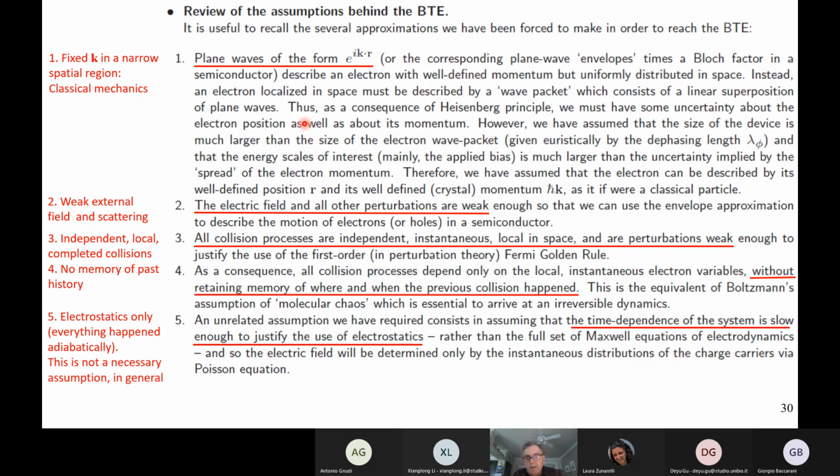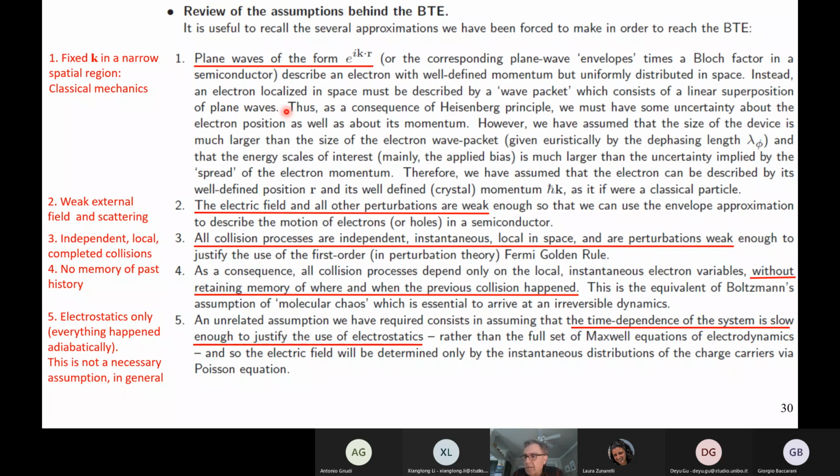We saw already that we made several assumptions about the decoupling between electrons and the thermal bath, the phonons, the fact that the phonons are always at thermal equilibrium, that the density matrix of the electron and phonon are decoupled at all times, and then the weak perturbation, and then we had to take the Van Hove limit. So these are a set of assumptions, approximations, whatever you prefer to call it.